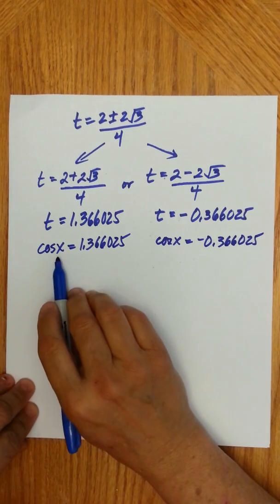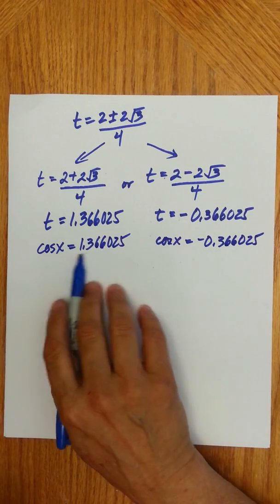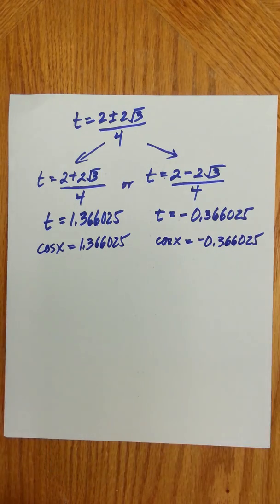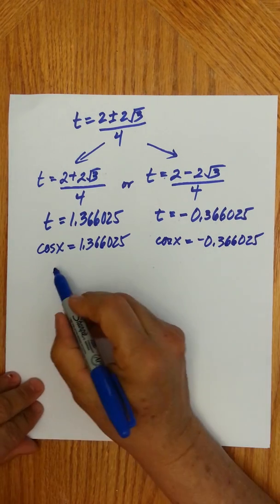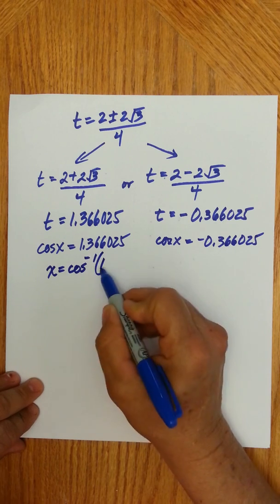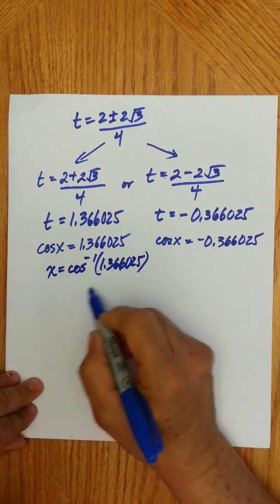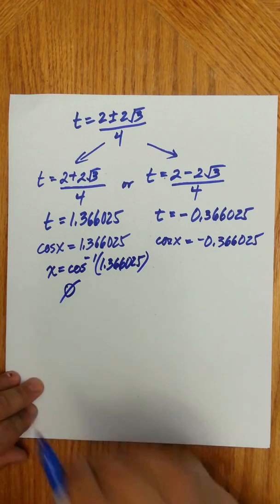Now, hopefully I recognize right here that the range of cosine never exceeds 1, so it can't be 1.366025. If you forgot, you might have to put it in your calculator, and you'll get an error, so you'll know that there's no solution here.